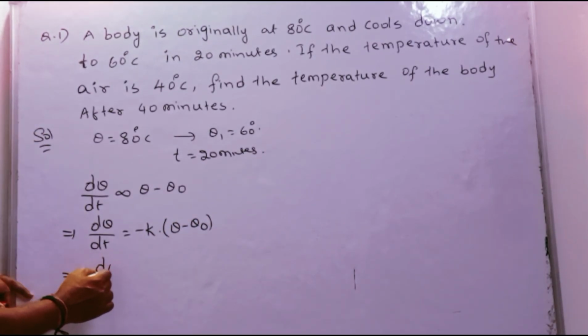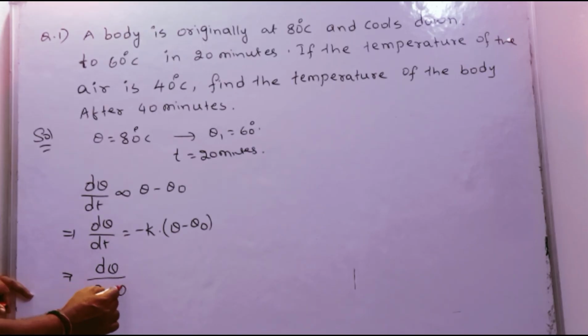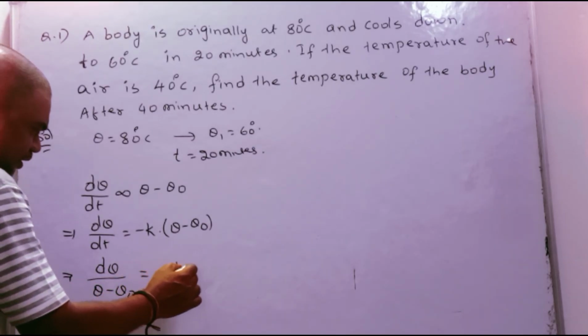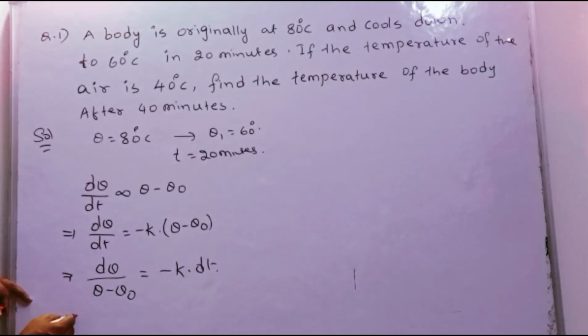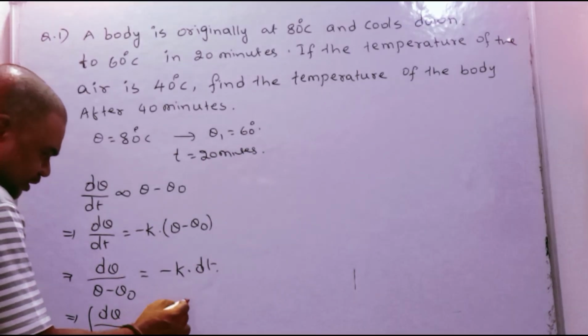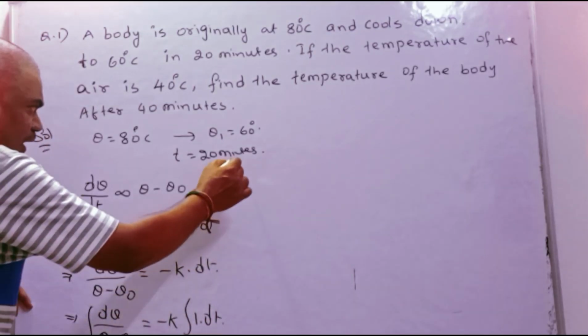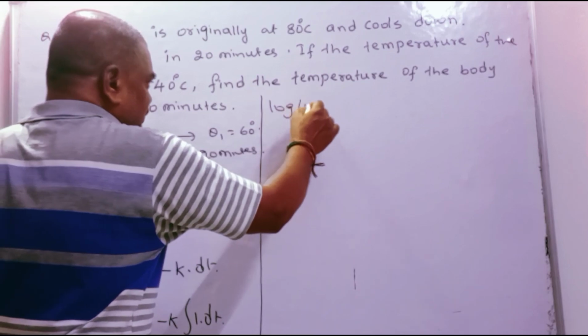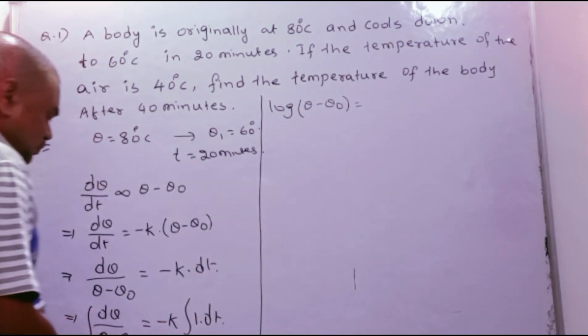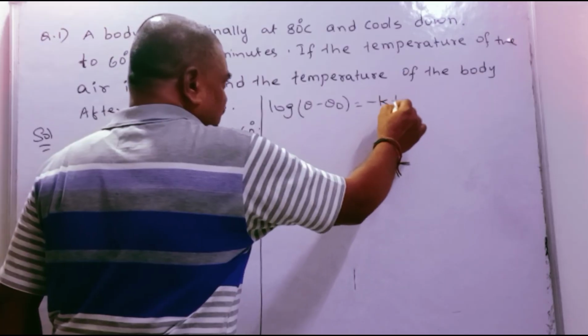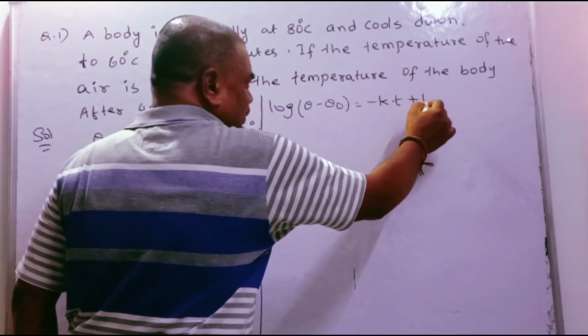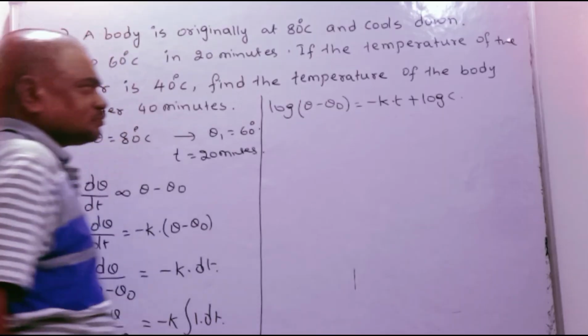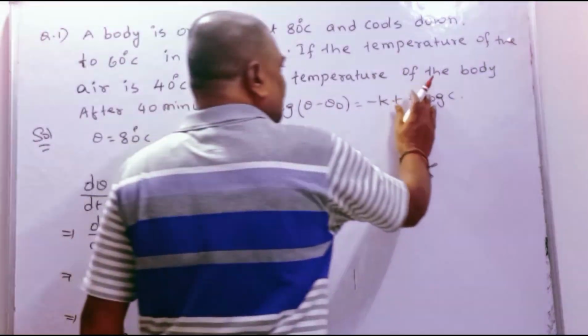By variable separable form, d theta by theta minus theta 0 equal to minus k into dt, and we integrate: integral d theta by theta minus theta 0 equal to minus k into integral 1 dt. Integrating, log of theta minus theta 0 equal to minus kt plus log c.